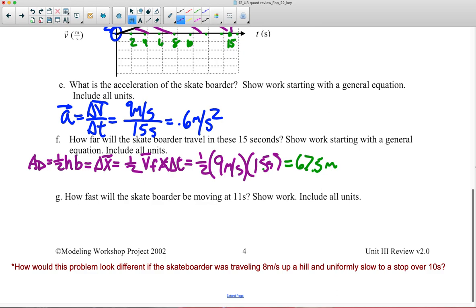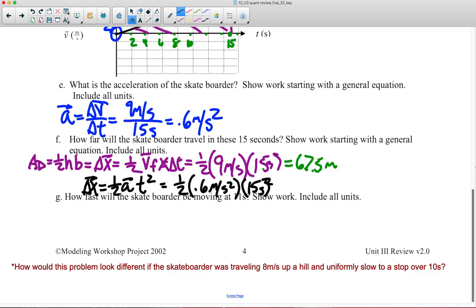meters. The other way you could have solved this, and it would have been equally correct, is change of position equals 1/2 the acceleration times the time squared plus the starting position, but our starting position is 0. If you plug that in, you have 1/2 times the acceleration, 0.6 meters per second squared, times our clock reading squared, which is 15 seconds.